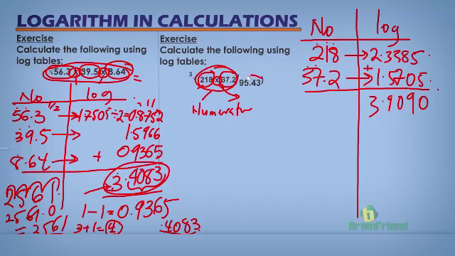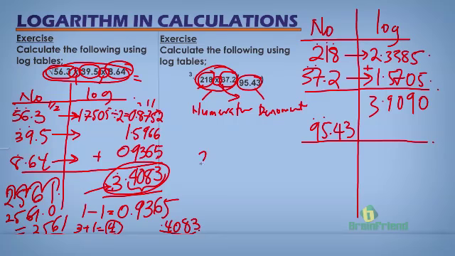So we'll deal next with our denominator, which we have as 95.43. To find the logarithm of our number 95.43, we first find the integral part of our logarithm by counting the number of digits in the integral part of our given number.